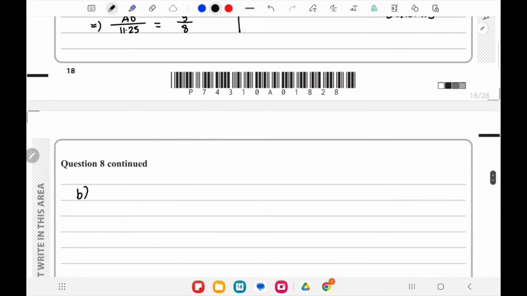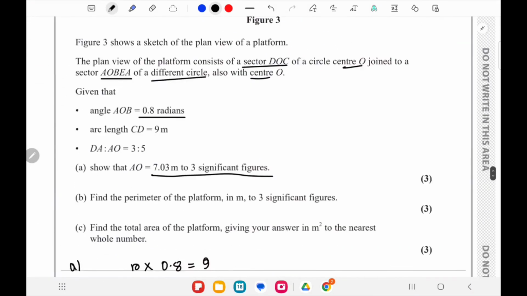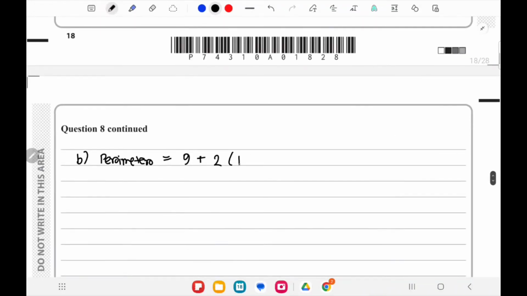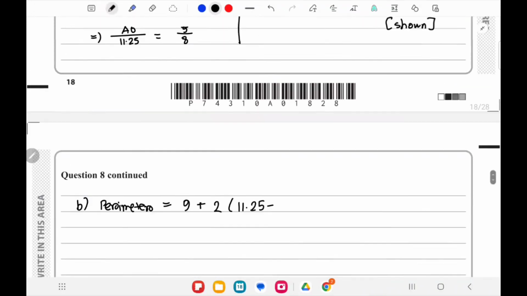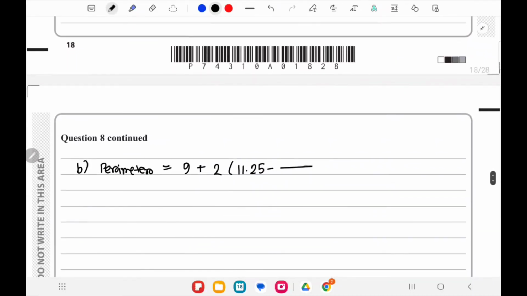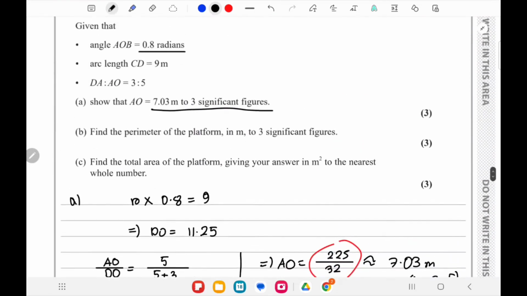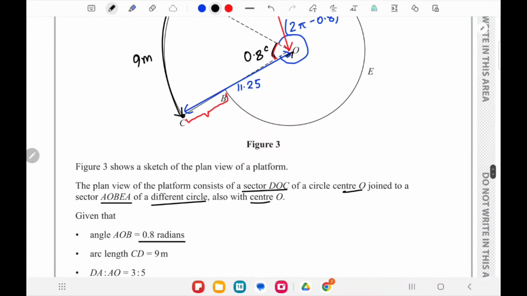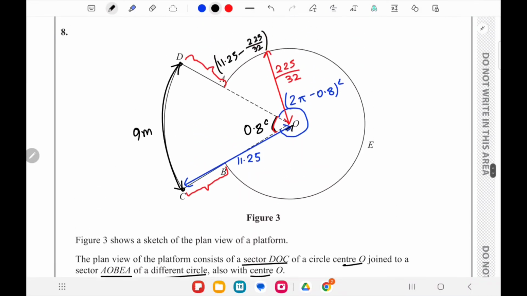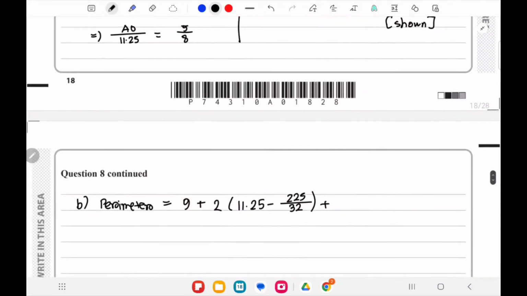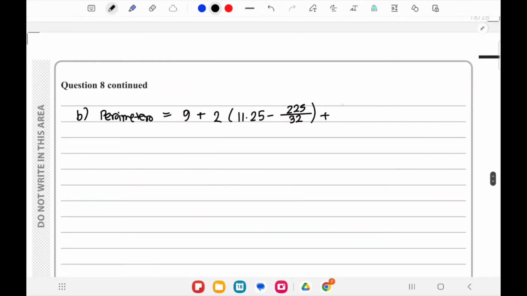So let's write down the perimeter. We already have one of the arc lengths given, which is 9. Then we'll have two of these straight lines. So 2 times 11.25 minus 225 by 32, plus r theta for the smaller radius sector. Radius is 225 by 32 and the angle is 2 pi minus 0.8.